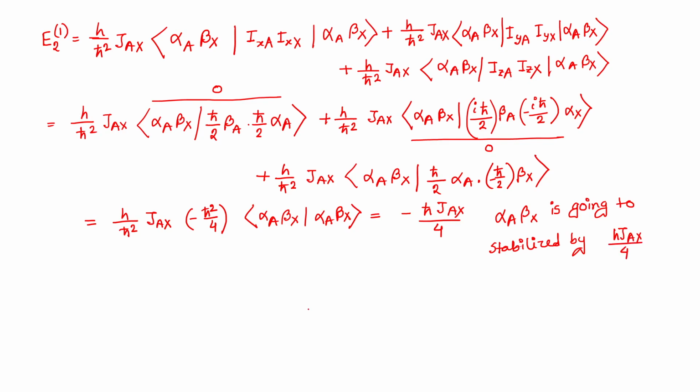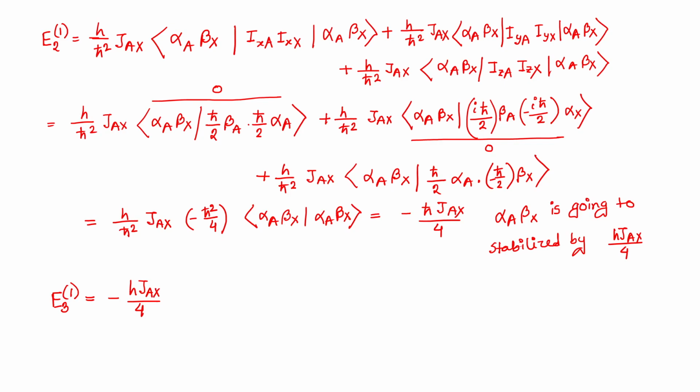Okay. Similarly, obviously I will not do this calculation again, but you will be able to show that the E3 correction would be minus hJX by 4, right? Because if you do that, obviously the first two terms due to the Ix operator and Iy operator are going to be 0. Only you are going to get something from the Iz operator.